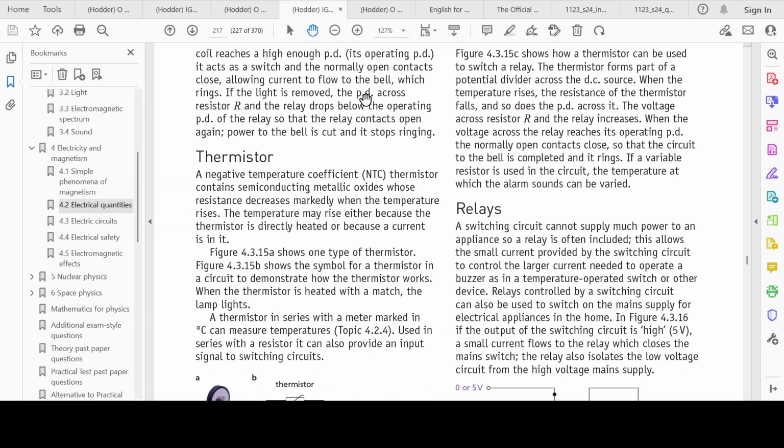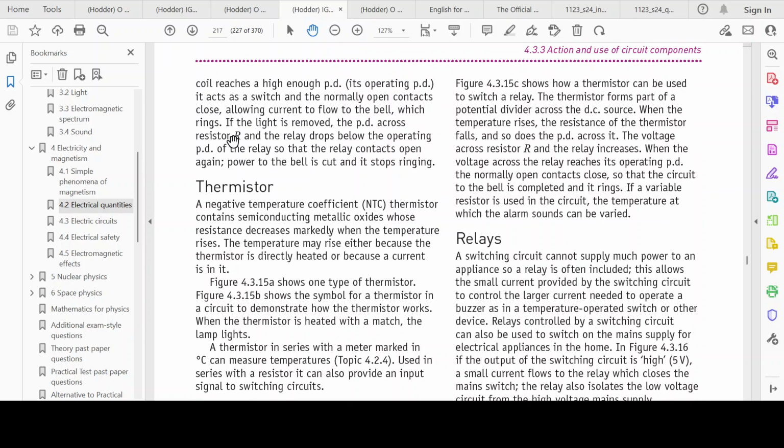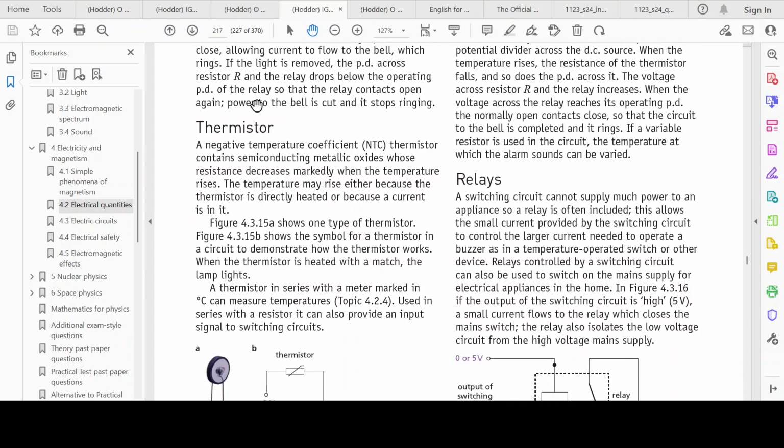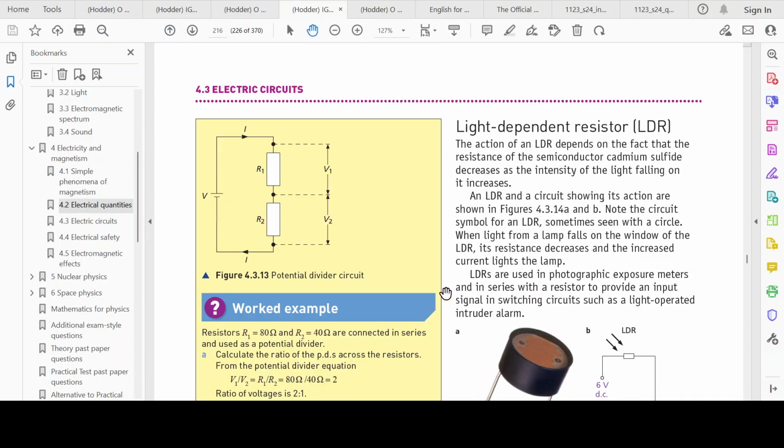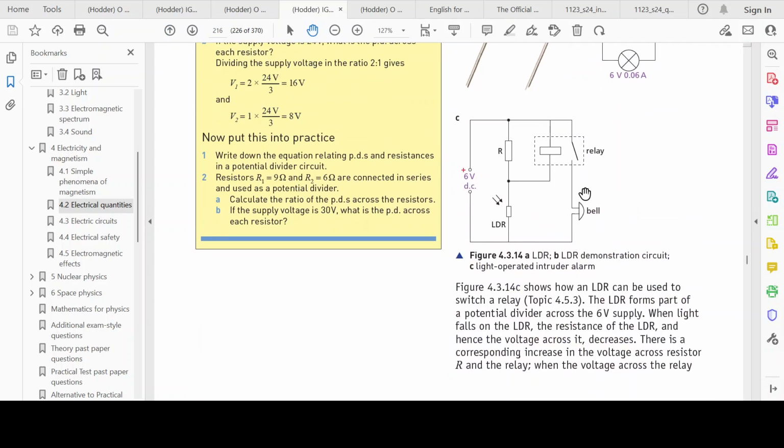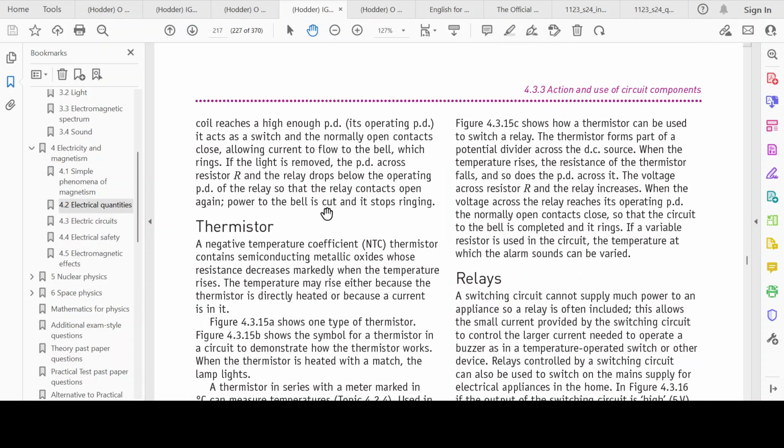If the light is removed, the potential difference across the resistance and the relay drops below the operating voltage, right? So in this case, perhaps 5 volts or whatever it may be. So that the relay contact opens up again, right? So the relay switch opens up again, breaking the circuit, and the bell is cut and stops ringing.